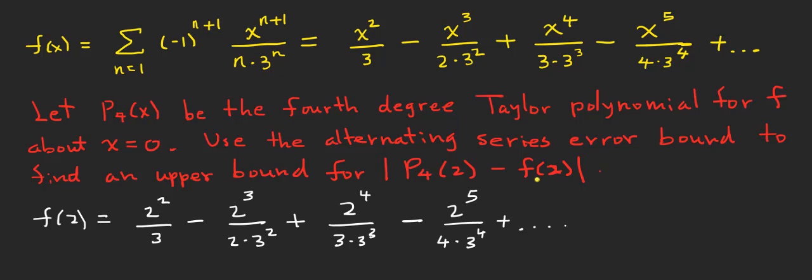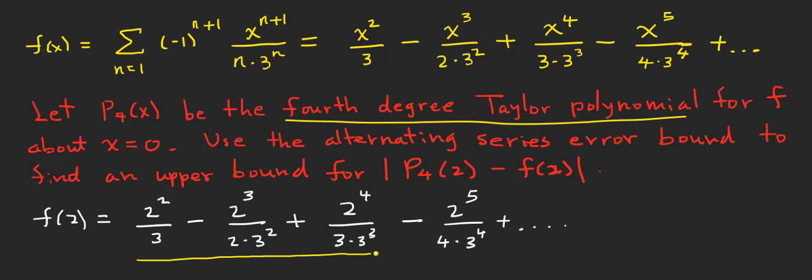And we know that f of 2 will be, instead of x, plug in 2, you get these terms. Now, what is p sub 4 of 2? P sub 4 of x is a 4th degree Taylor polynomial, which means p sub 4 of 2 will be represented by these three terms.